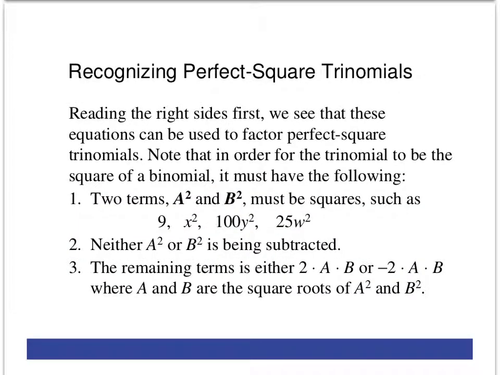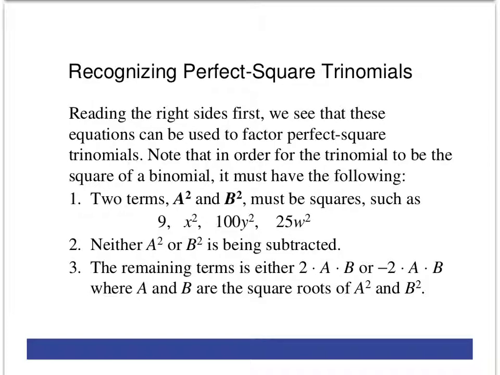So to recognize perfect squares, reading the right sides first, we see that these equations can be used to factor perfect square trinomials. Note that in order for the trinomial to be the square of a binomial, two terms, a squared and b squared, must be squares.